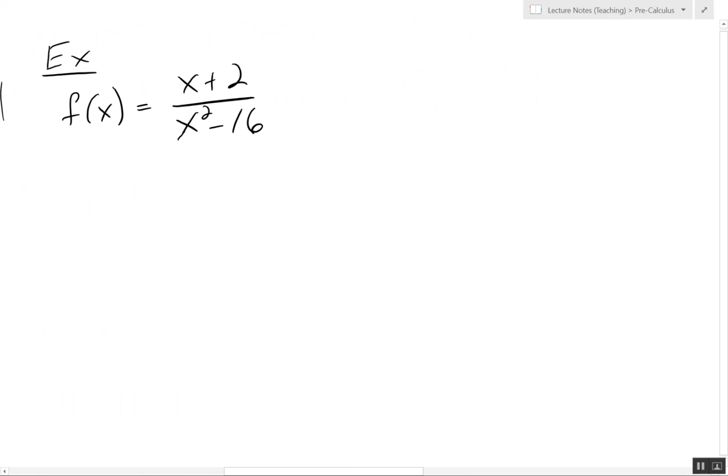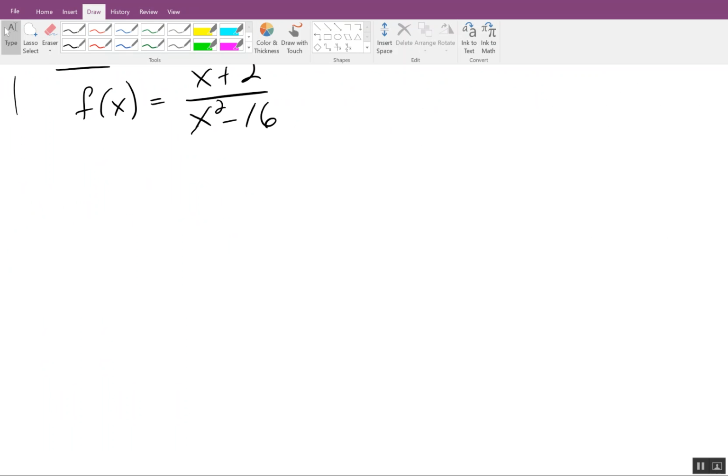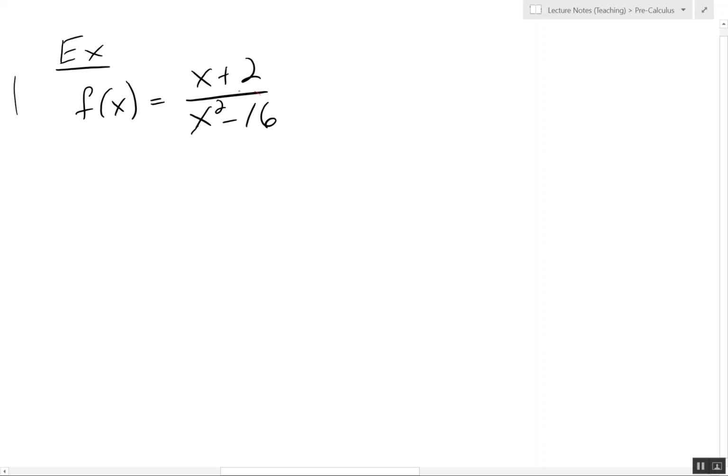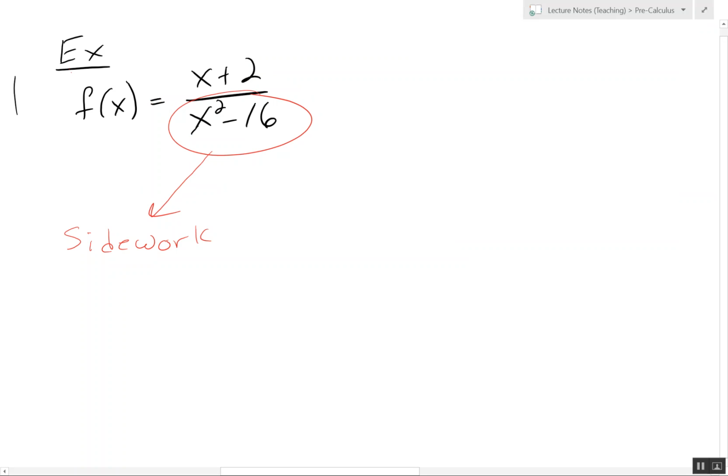So let's look at this problem. Again, we want to know where the denominator is equal to 0. So we're going to take x squared minus 16 and do some side work. We'll change back our color and do the side work.